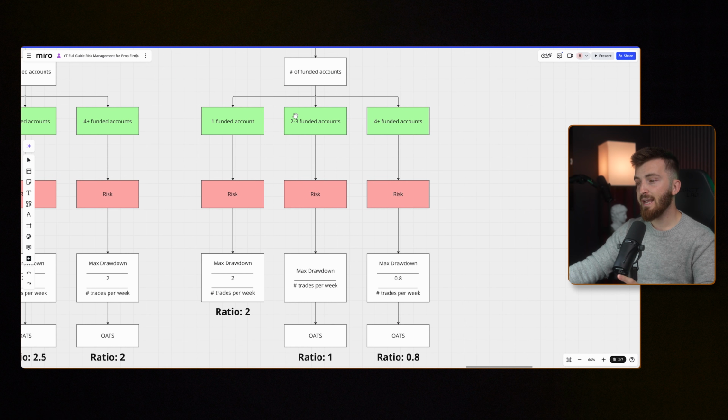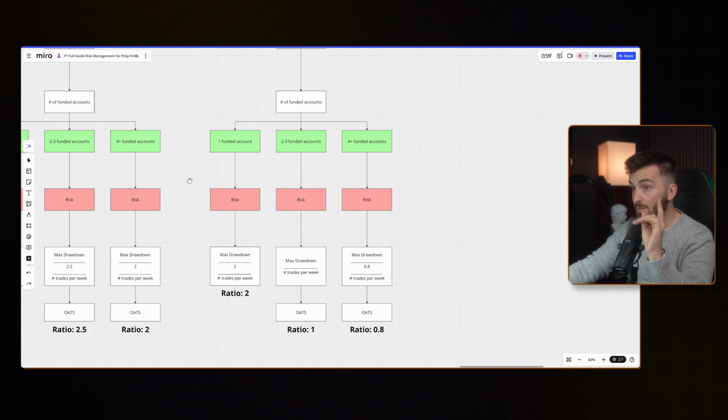If you have 1 funded account, your ratio is going to be 2. So notice how we are using the same ratio as someone that wants consistent payouts and has 4+ funded accounts. Then if you have 2 to 3 funded accounts, it's going to be max drawdown divided by 1 divided by number of trades per week. And if you have 4+, it's going to be max drawdown divided by 0.8 divided by number of trades per week.